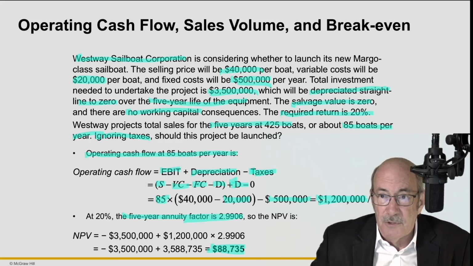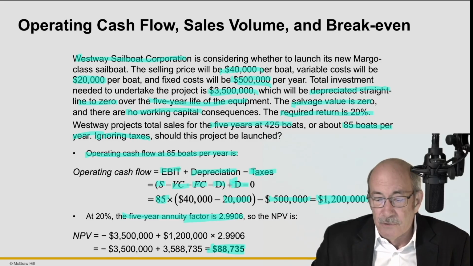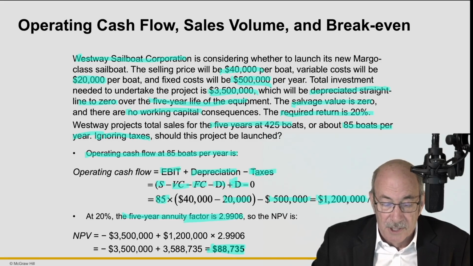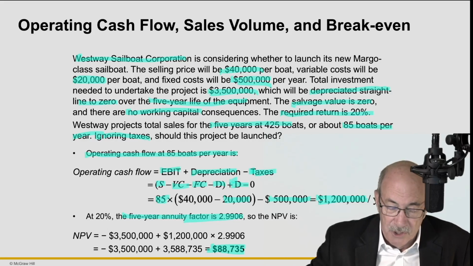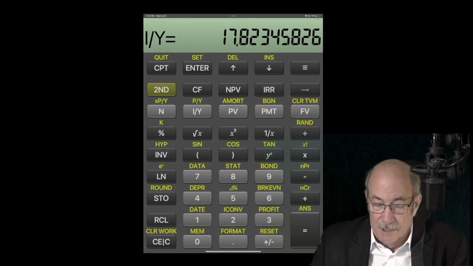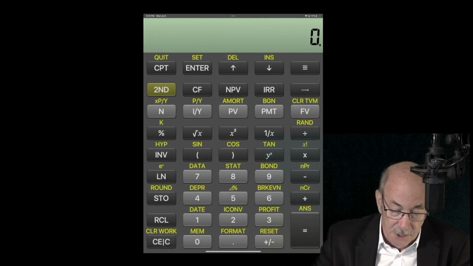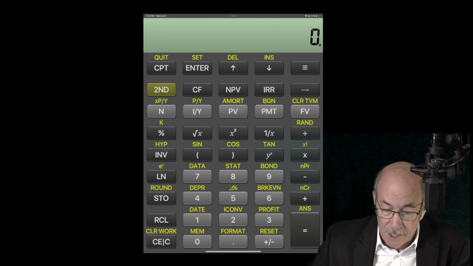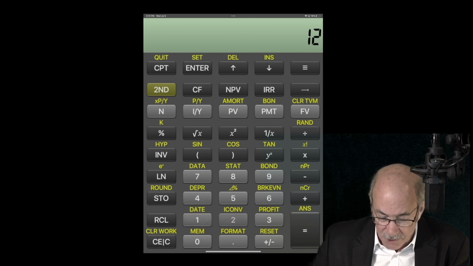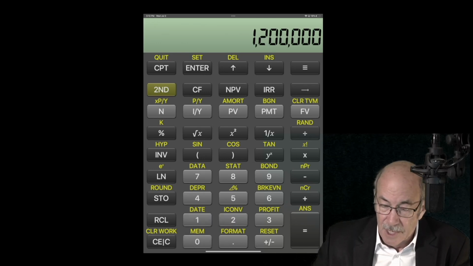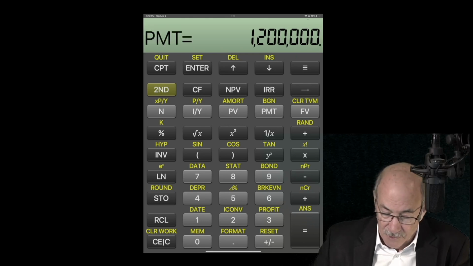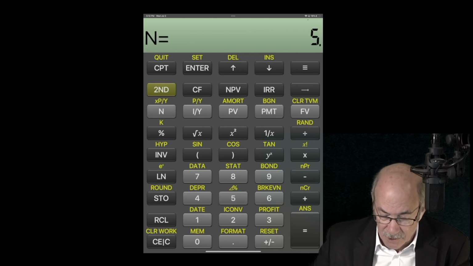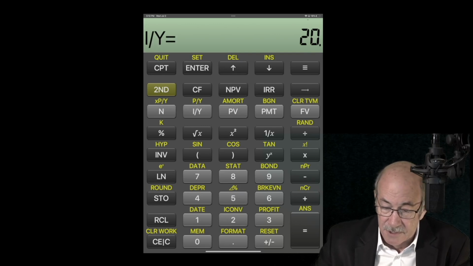Now, if you wanted to use your calculator to calculate that present value from the 1.2 million per year for 5 years, let me show you quickly how to do that. I'm going to clear my work, and we're going to start off with 1.2 million as our payment. We have 5 years as our time period. 20% is our discount rate.